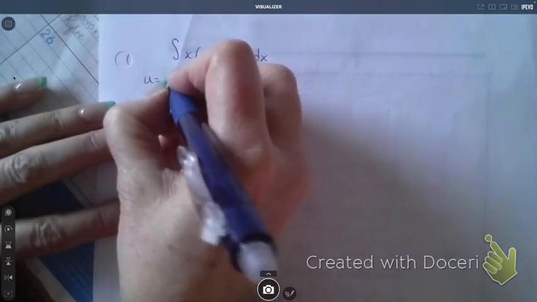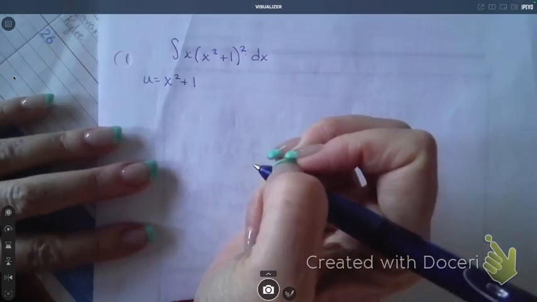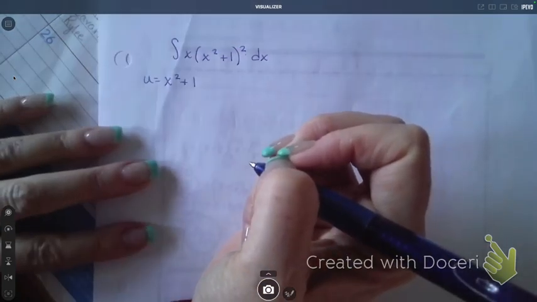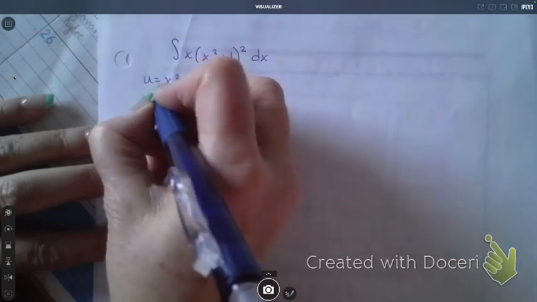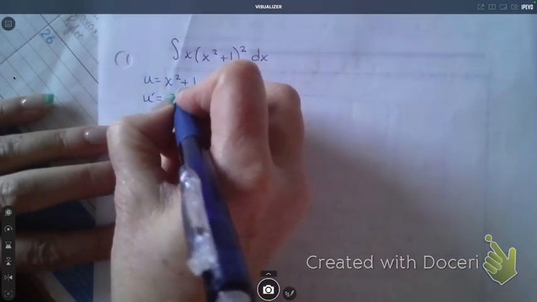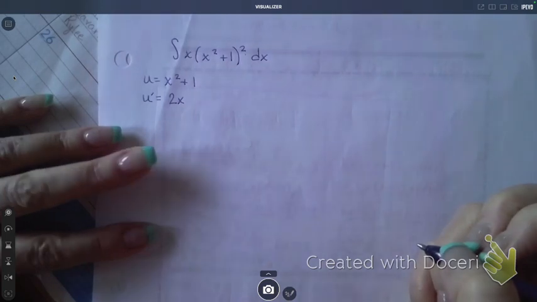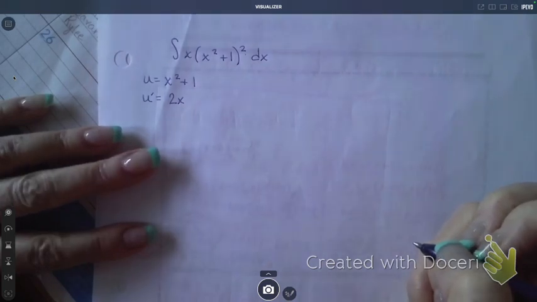X squared plus 1. So what is u prime? 2x. 2x. What's missing?